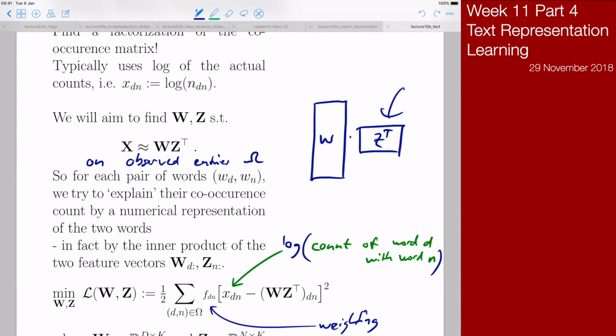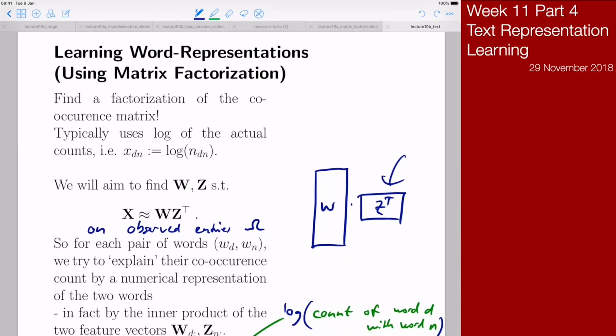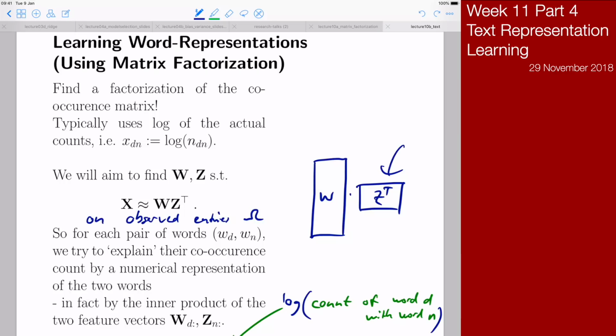Okay, so what we said is we want to learn features for each word. And we said that we could do the same thing, so we learn k features for each word. So here is my word d.